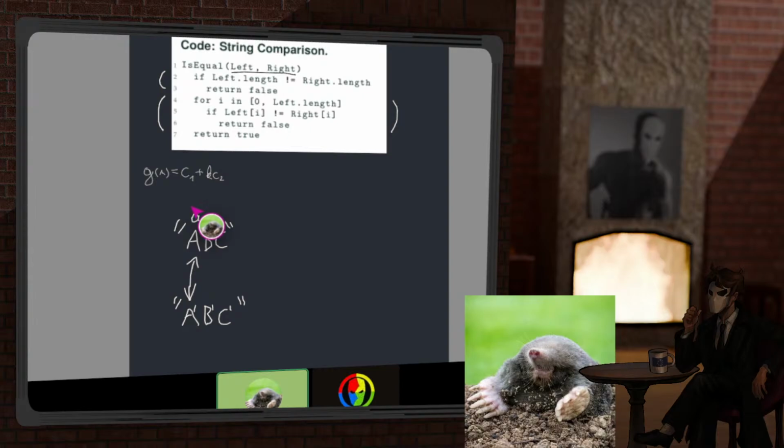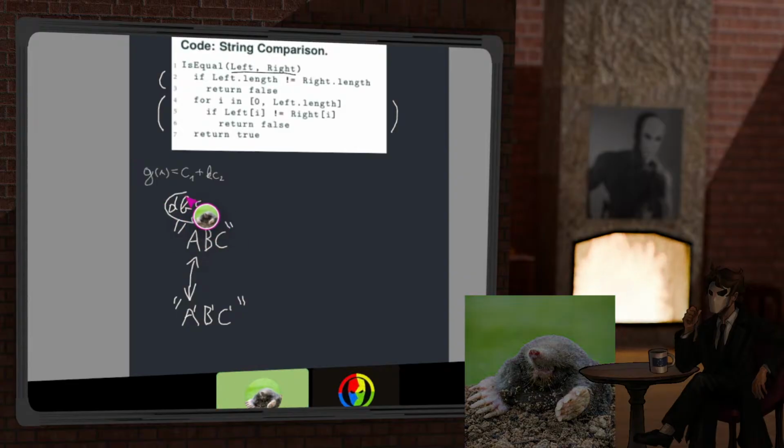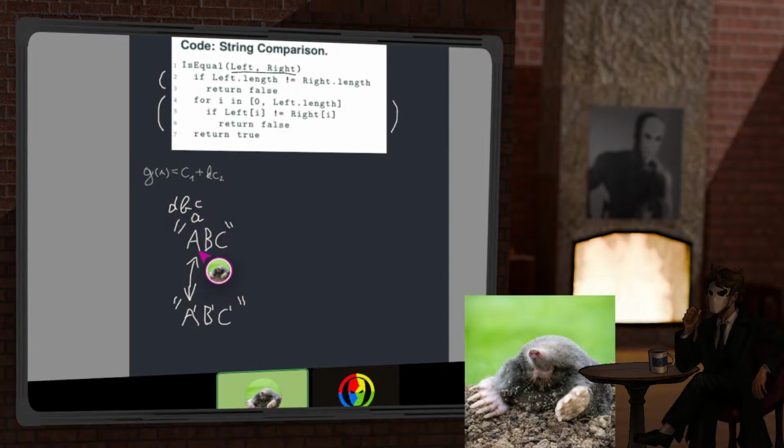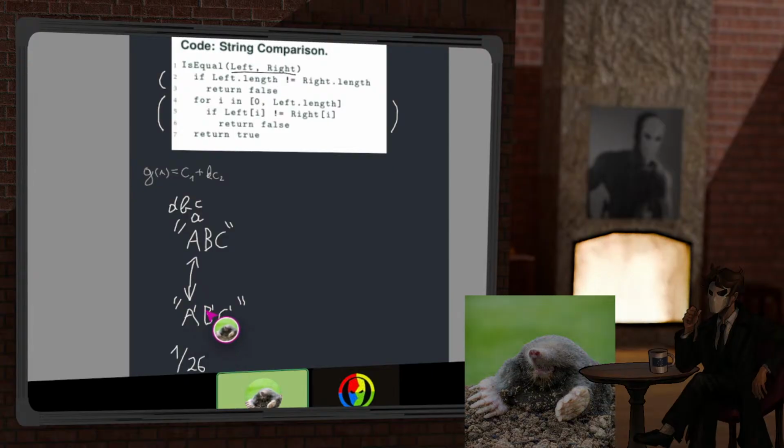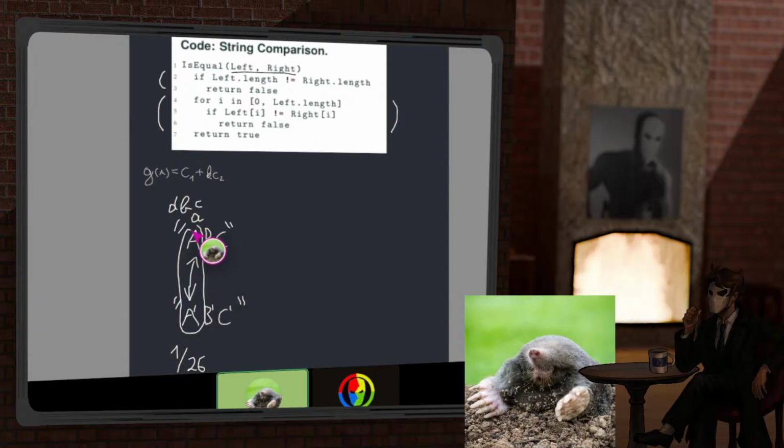But we can do the same reasoning with B, with C, with D, with any letter in here. We will always get 1 in 26. So actually, the likelihood that these 2 characters are the same is 1 in 26.